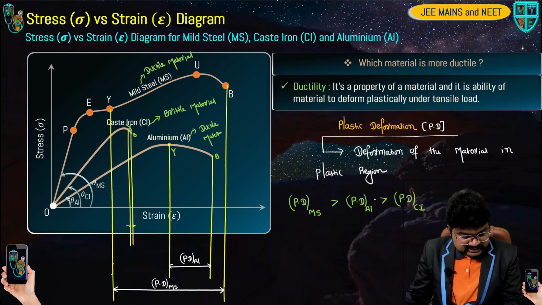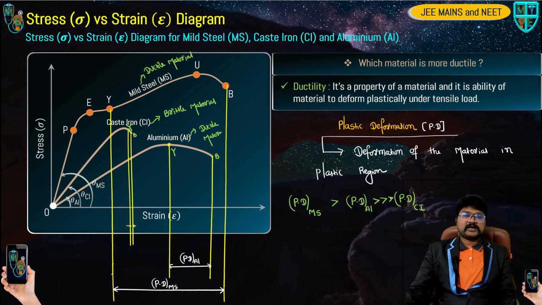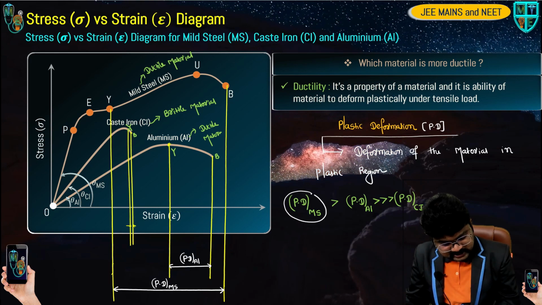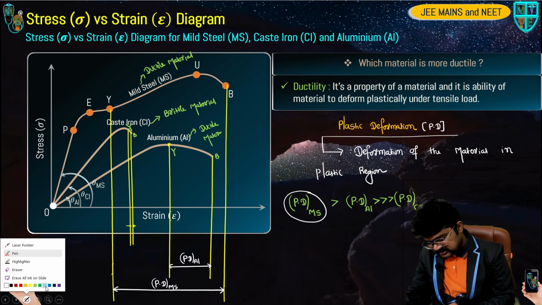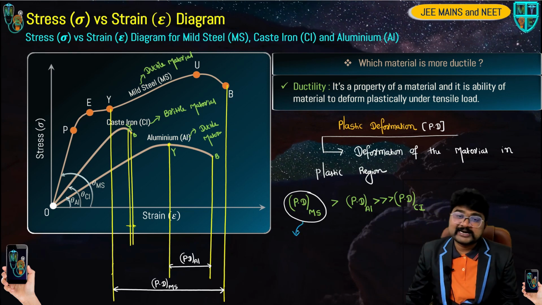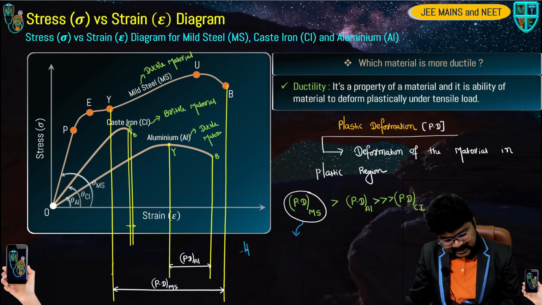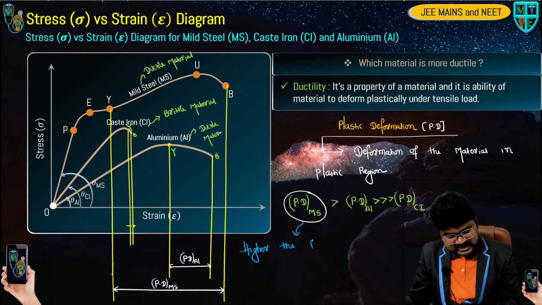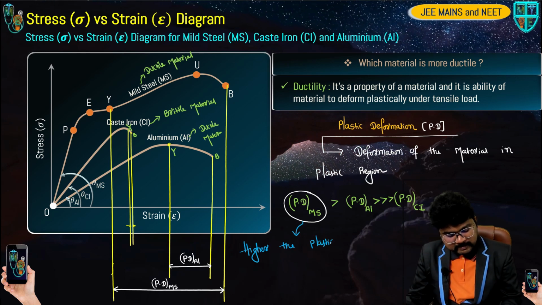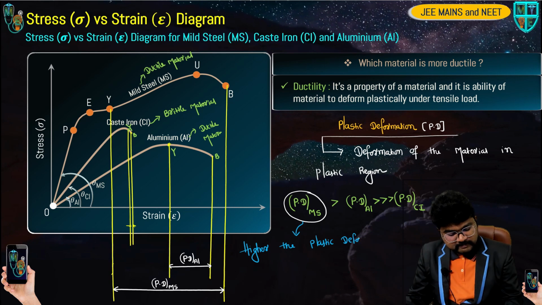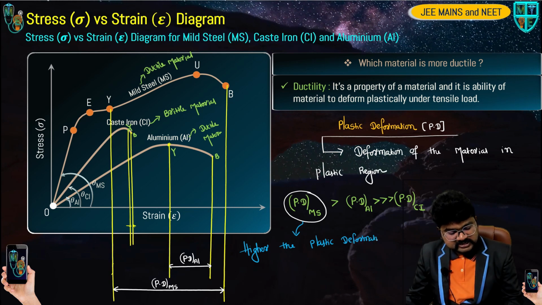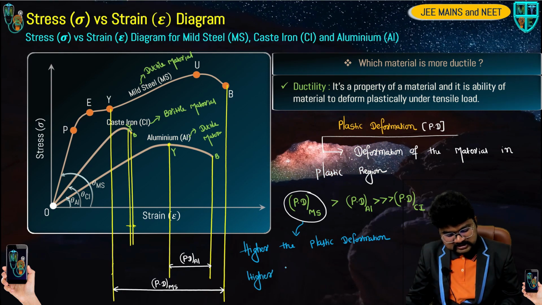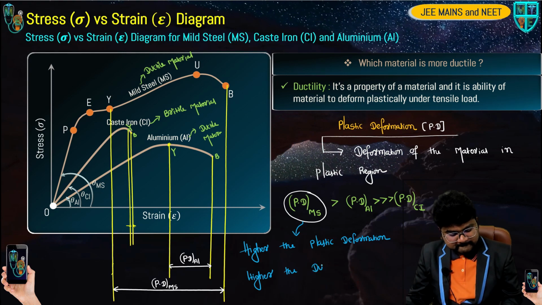Plastic deformation is very less, almost negligible. So the higher the plastic deformation, the higher the ductility.